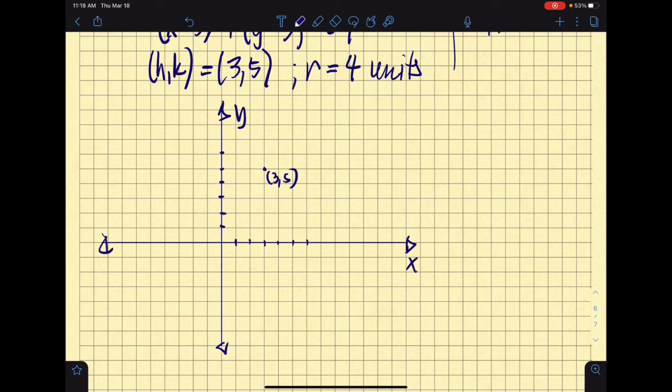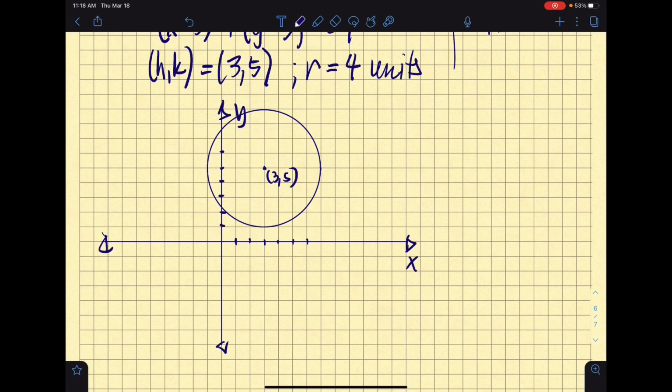So let's say the distance from the center to anywhere on the circle is 4 units. So let's say this is one of the points on the circle. And then you use a protractor to create a circle whose center is at 3, 5, and one point on the circle is there.